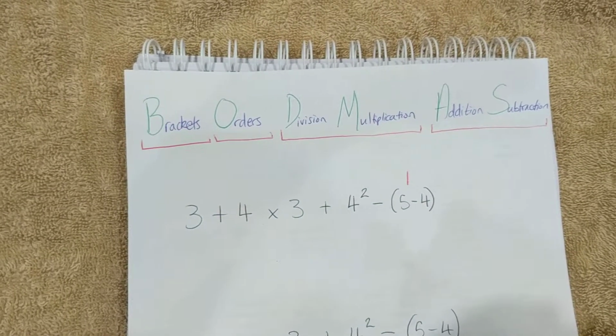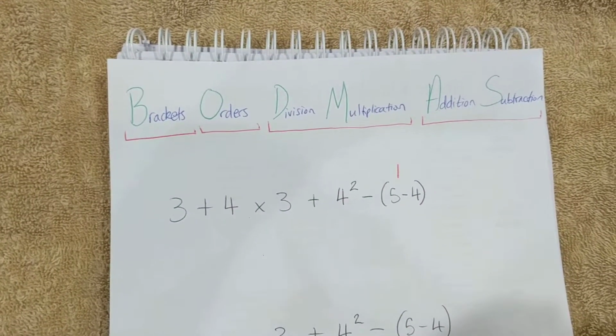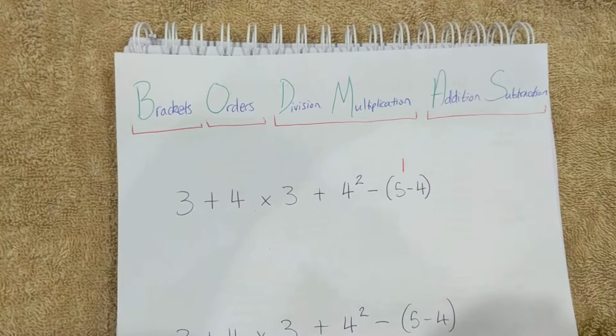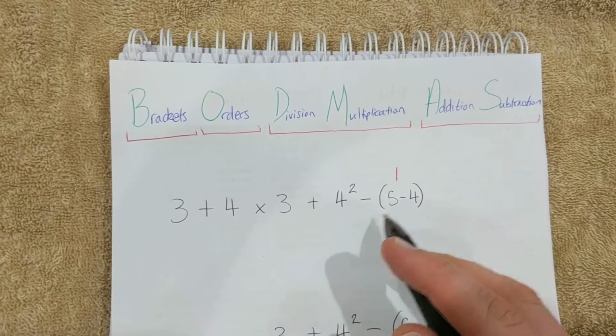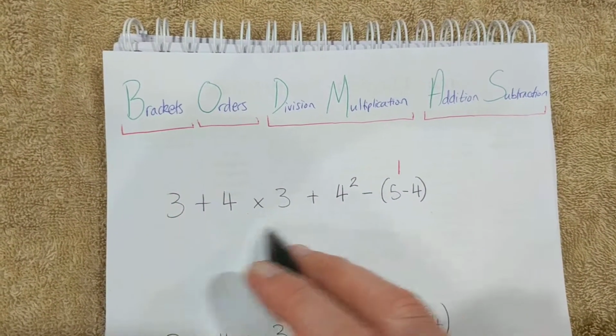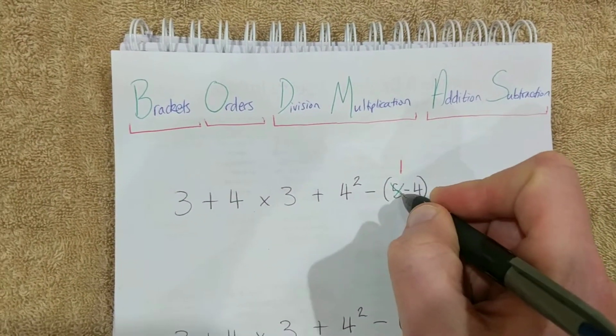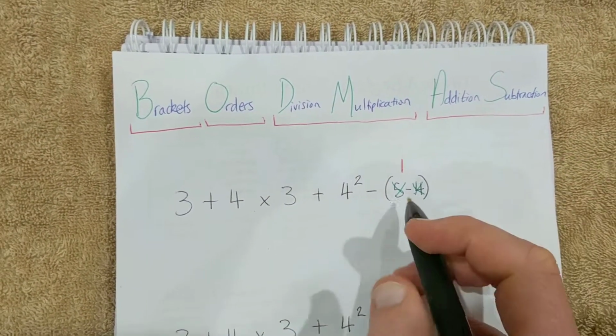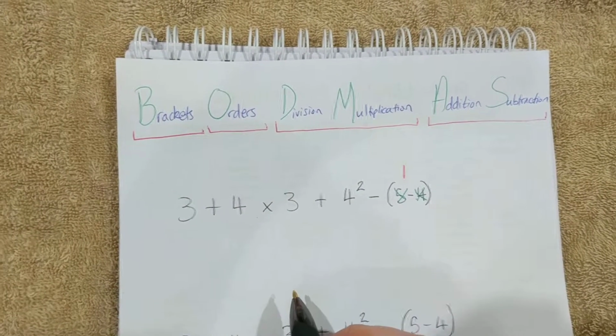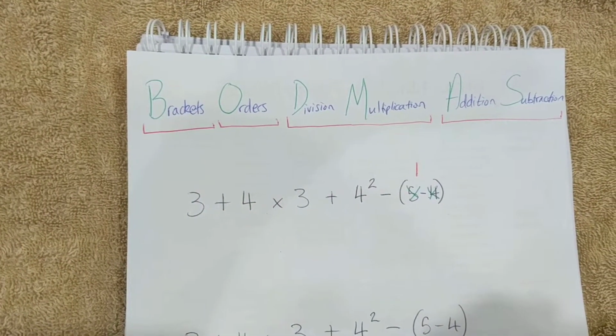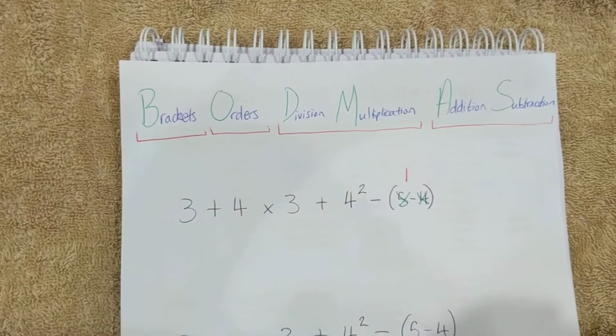Now I'm recommending that you cross out the numbers that you have already calculated and used so that you don't accidentally use them again in another multiplication or another part of the sum. So as soon as you've figured one out, cross out the other ones, leave the answer there so that you don't make that mistake.